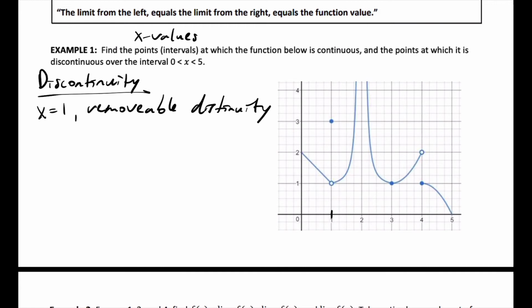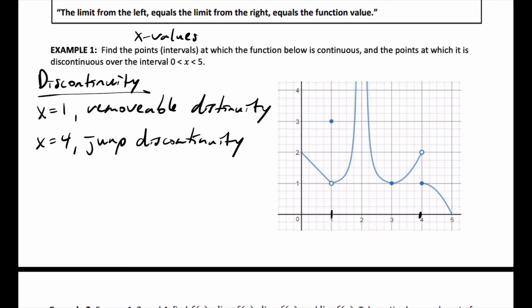What's the next one? X equals 4. Yep, I agree. At x equals 4, there's a discontinuity there. That's a jump discontinuity. Good.